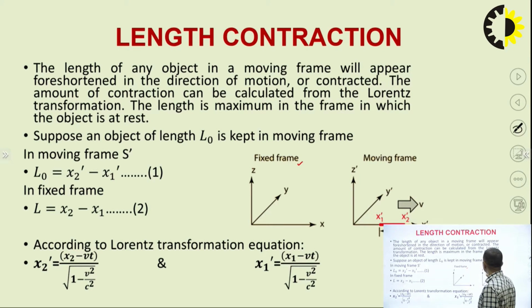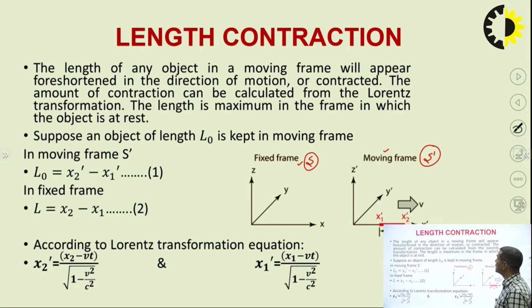One is a fixed frame, another one is a moving frame. The fixed frame is also known as the stationary frame, and I can name it the S frame. The second, a moving frame moving along the x direction only, I can name the S prime frame.